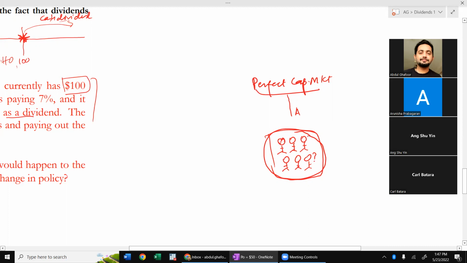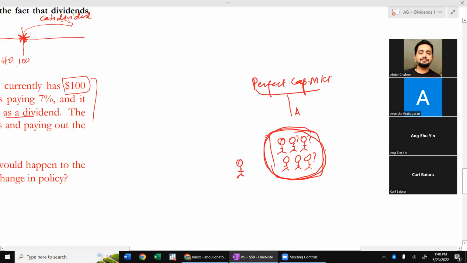So when everybody is receiving the same information, in other words, they are reacting to the information in a similar way, right? If, for instance, this investor has not received any information, his reaction when the company pays the dividend will be different from the people who had already received this information.